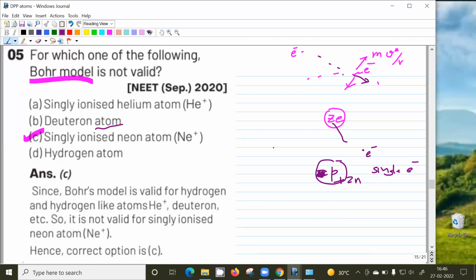Hydrogen means the whole hydrogen atom. Similarly, deuterium means the deuterium atom as a whole.